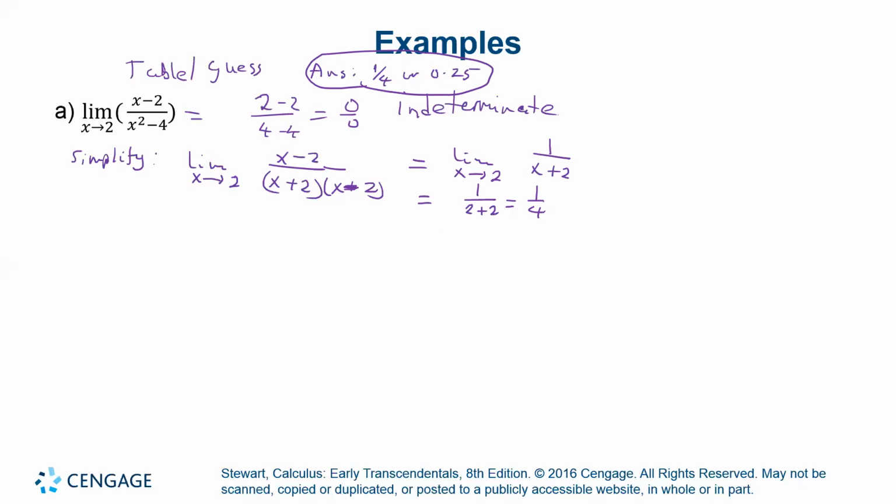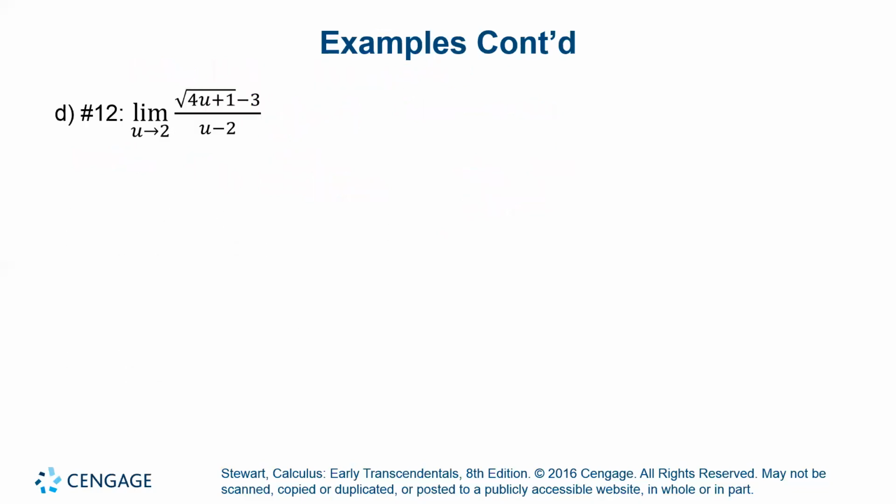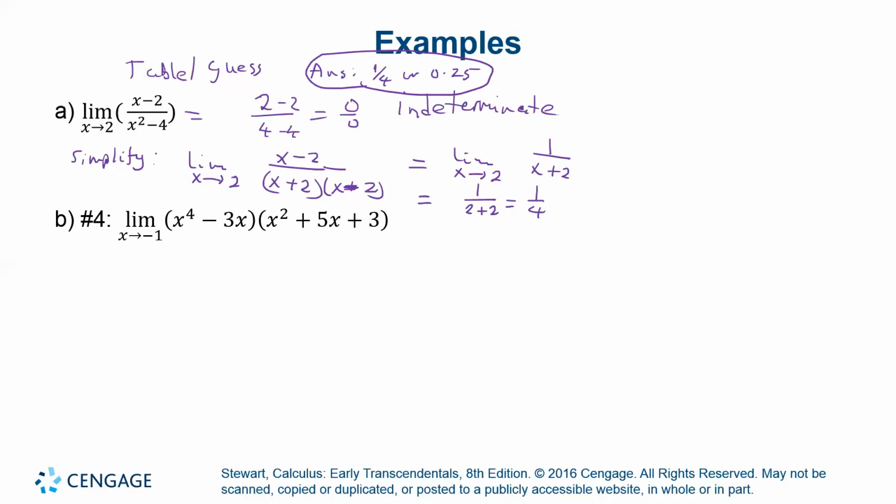Now, if I draw the graph, I think I constructed it last time. The graph is shifted to the left, so there's a vertical asymptote.